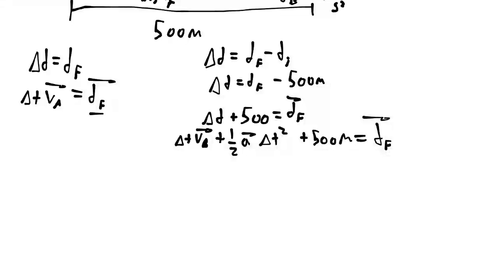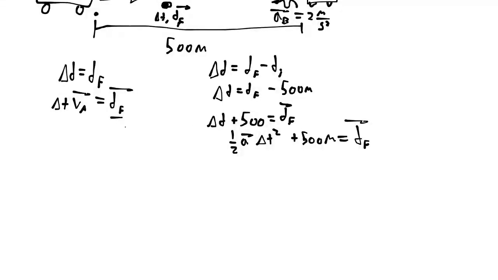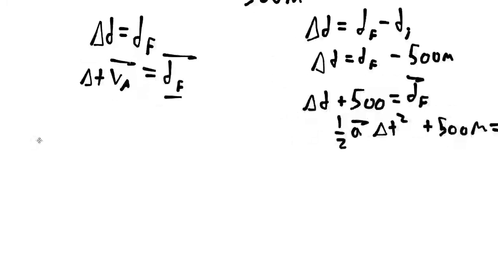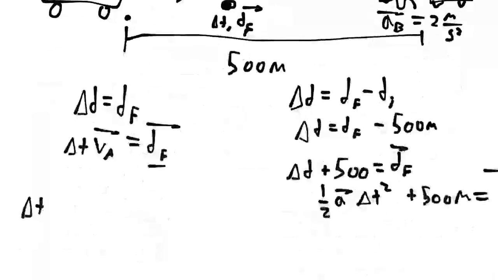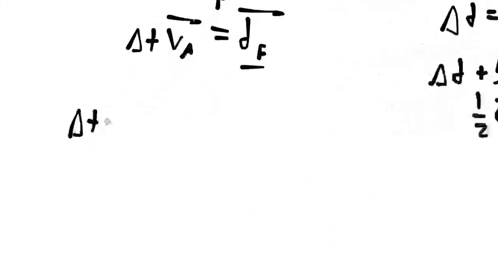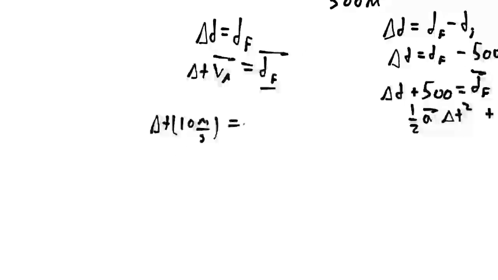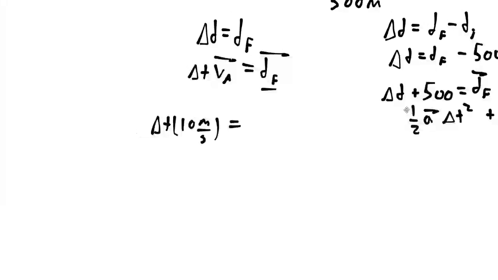But now there's no initial speed, right? So I'll just take away this, and you will get this right here. So now notice how df and df, again, these things are equal to the same thing. So we can just put these two equations together, which will get you delta t. And I'm also going to fill in the variables. So VA is equal to 10 meters a second, and it's in the positive direction. And that is going to equal 1/2 times acceleration.